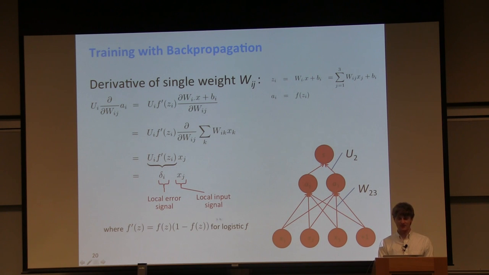Here's one definition, for instance, for f prime if we use the logistic function, often abbreviated with sigma. Notice that very conveniently, f prime can be computed in terms of f of z. Why is that nice?